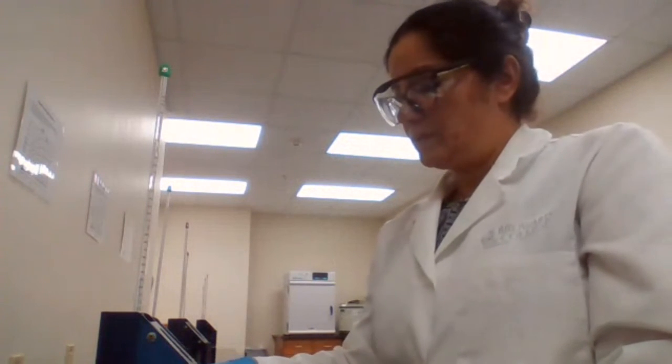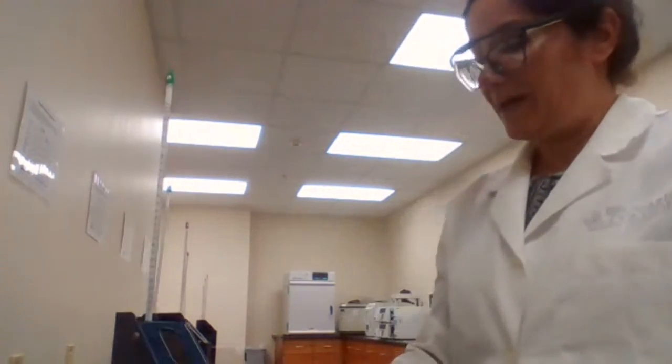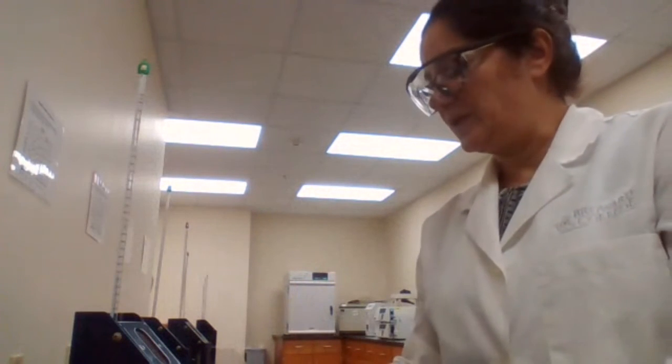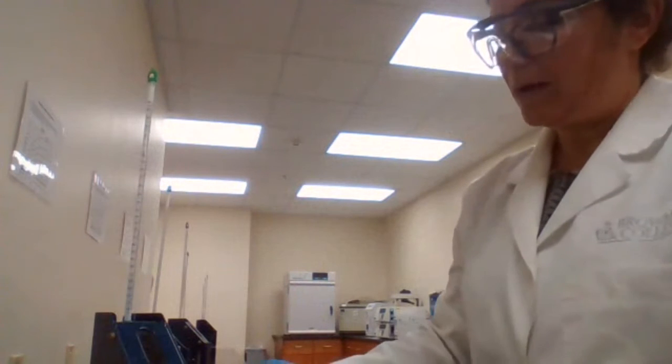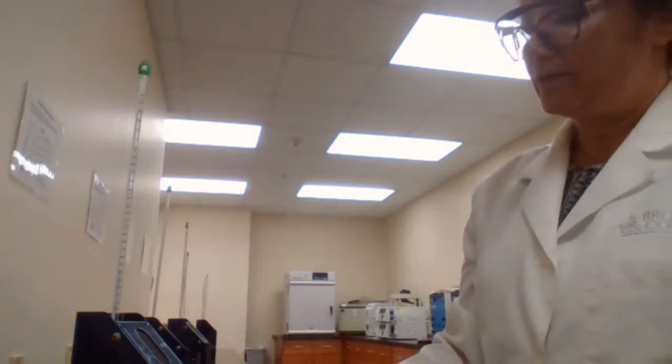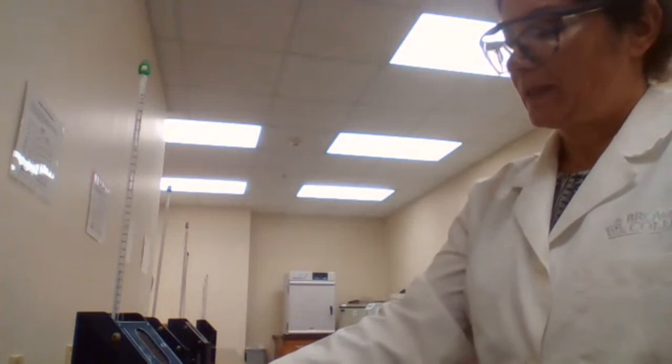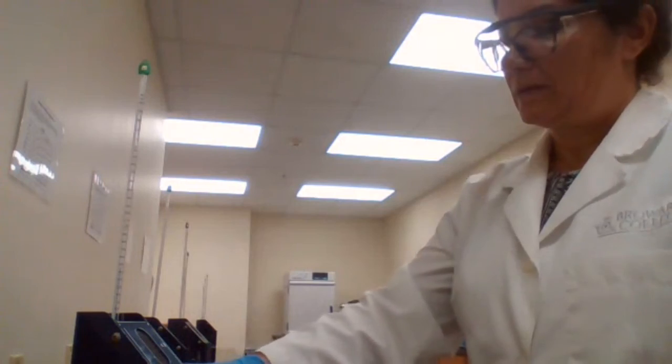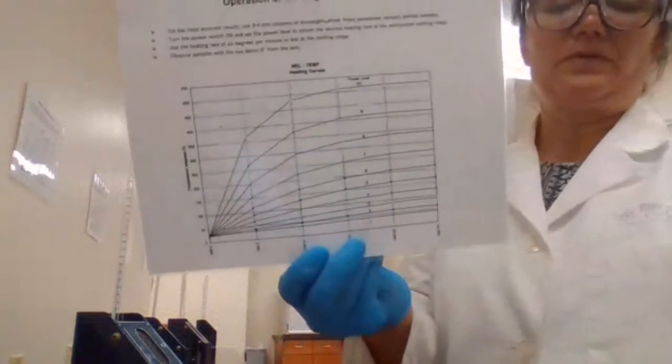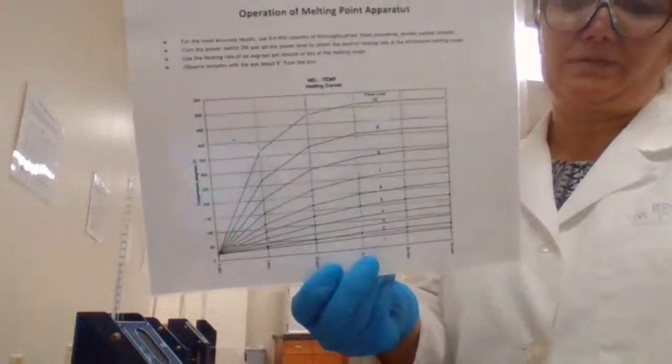Going to look at the table so I can check what the setting should be. I may have to put it at a higher number if it's more than 150. I would put the regulator at the higher number. If it's less than 150, I would put it smaller, like less than 5. I don't know how much you remember from this chart I showed you the first time we performed an experiment with melting point.